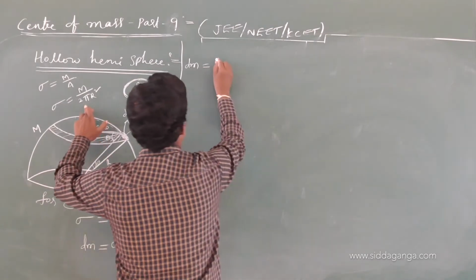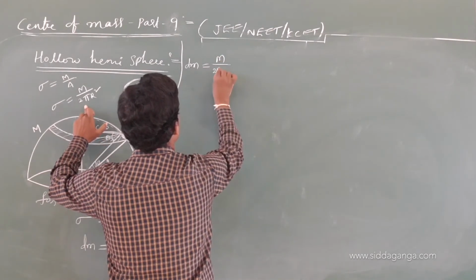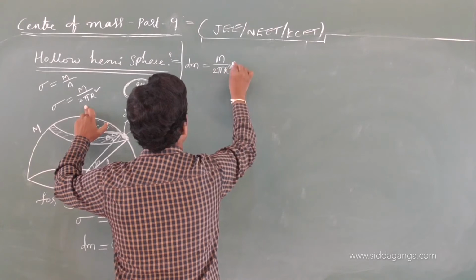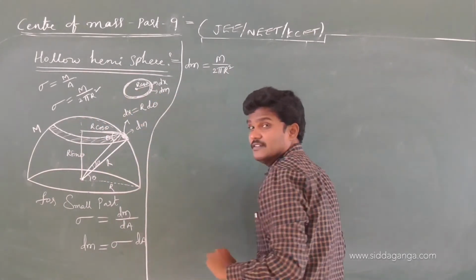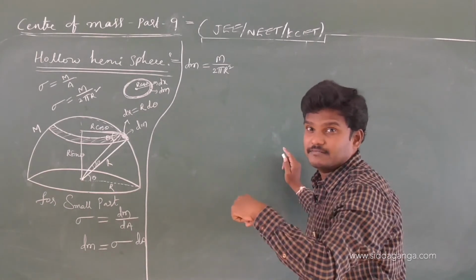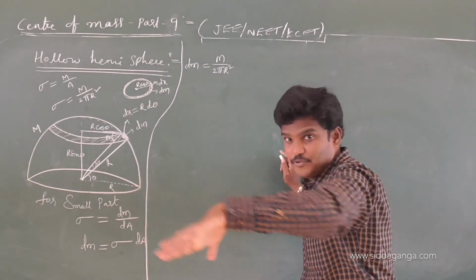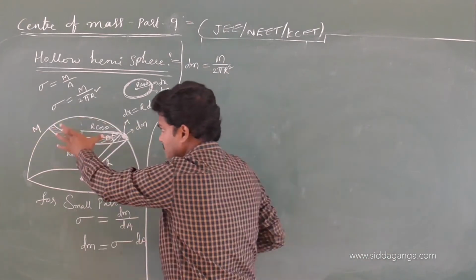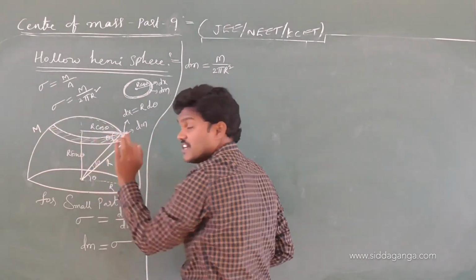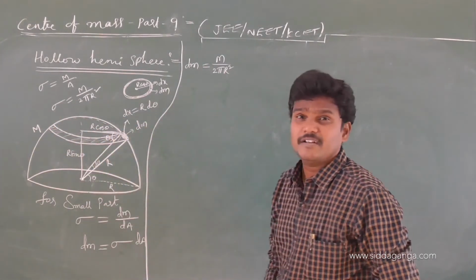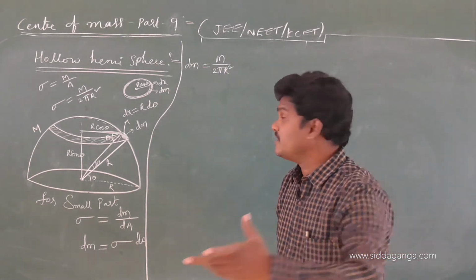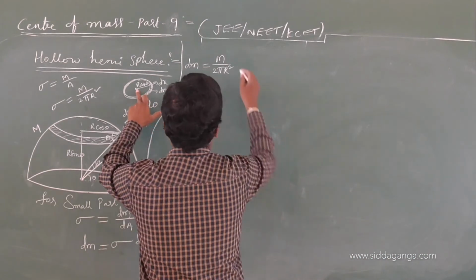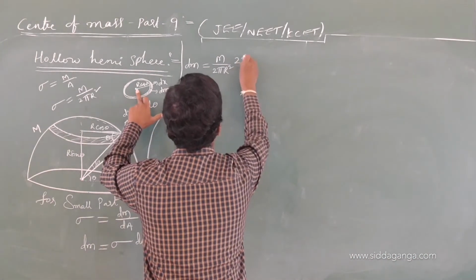Sigma value is M by 2 pi r square. dA is the area of this ring, thickness and length. Area of the top view means the shaded region. What is the area of the shaded region? Length into breadth. Length is nothing but circumference, which is 2 pi r.